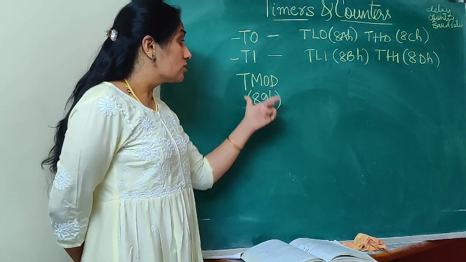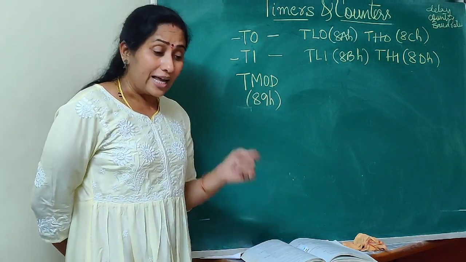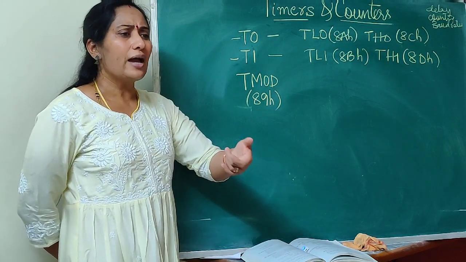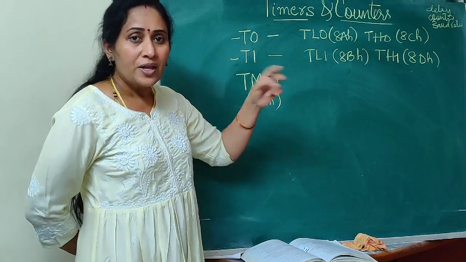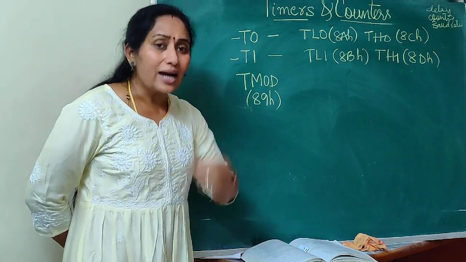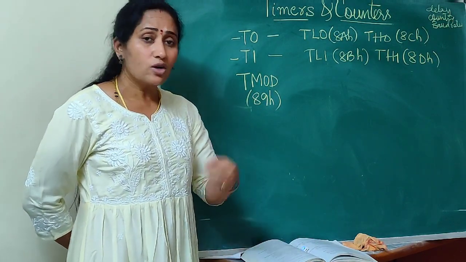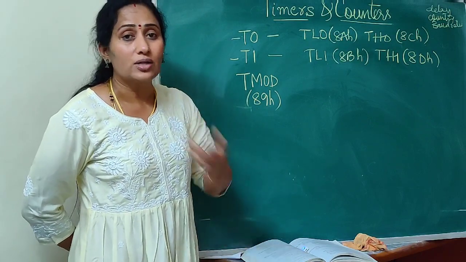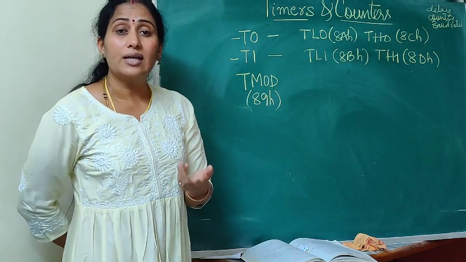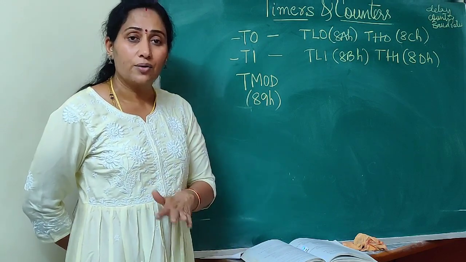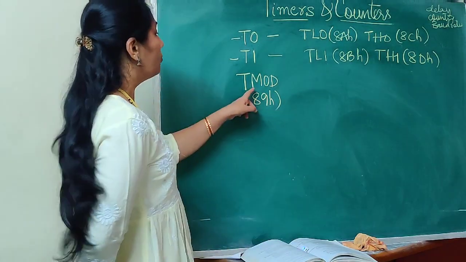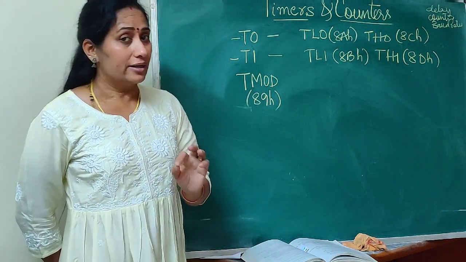Okay, and you can also have over here the selection of, see, whenever I load certain value in T0 or T1, then if I want to start the operation, whether it is a timer operation or the counter operation, whether that particular start should be software controlled or whether it should be hardware controlled, that bit also is going to be there in the TMOD register.